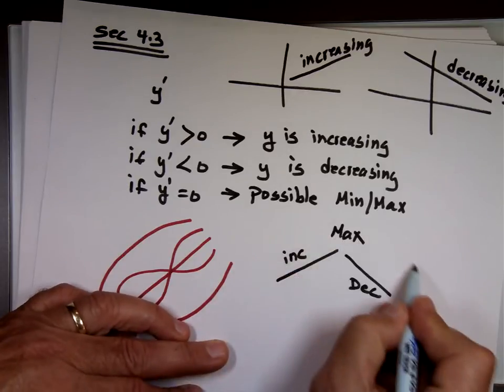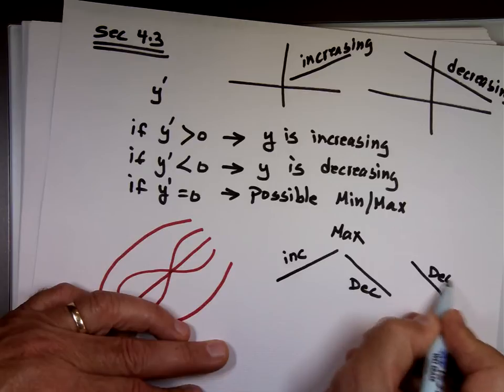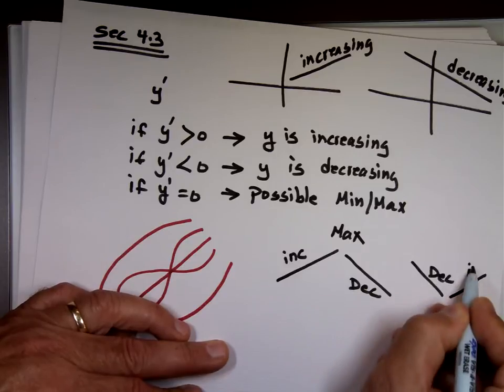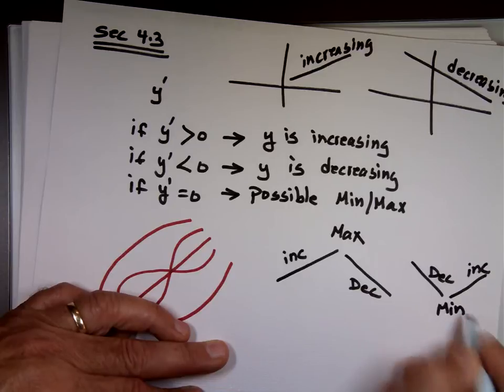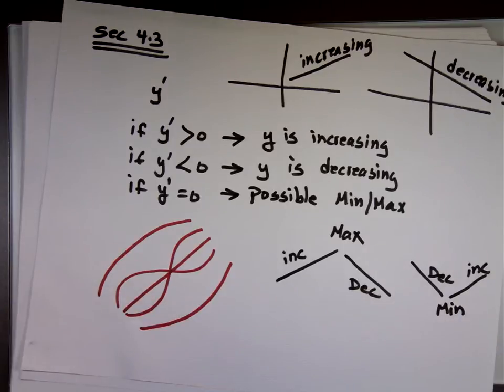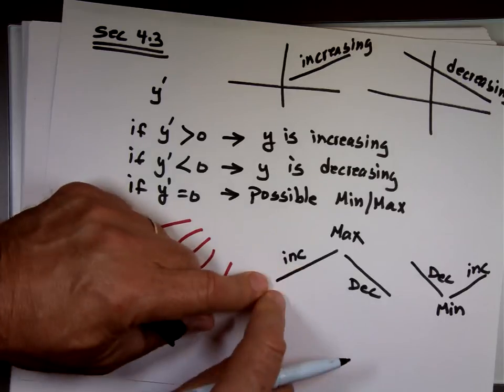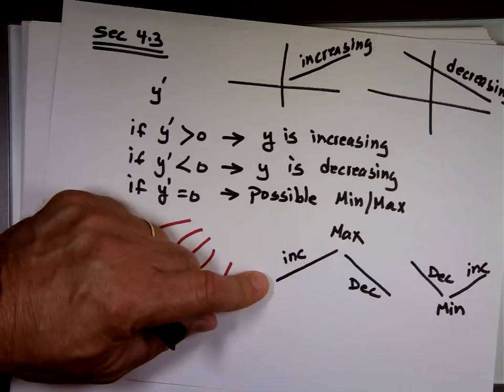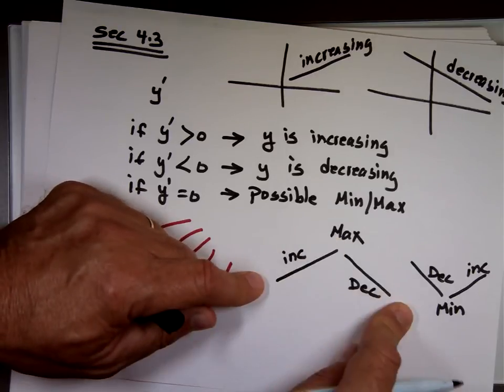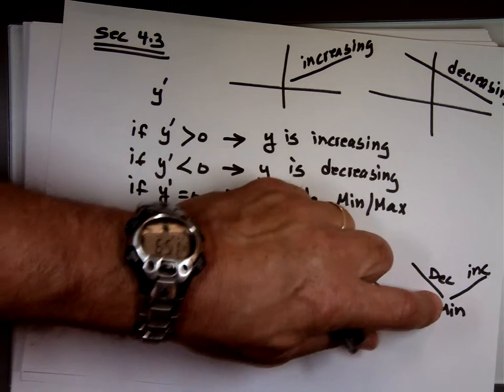But if it was decreasing first, then increasing second, what kind of a point is this? Min. That's how we know if we have a min or a max. We look at the function before that point, is it increasing or is it decreasing? If it's increasing before the point, then increasing after the point, it's not a min, it's not a max. But if it's increasing, then decreasing, that's a max. Decreasing, then increasing, that's a min.